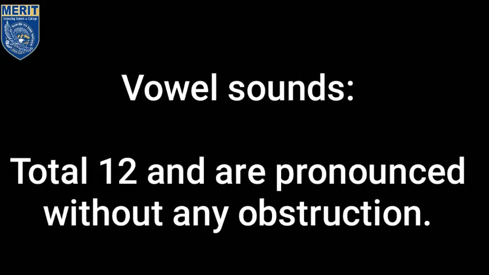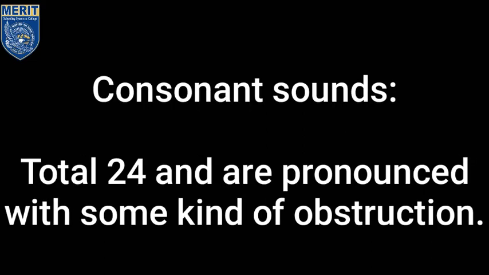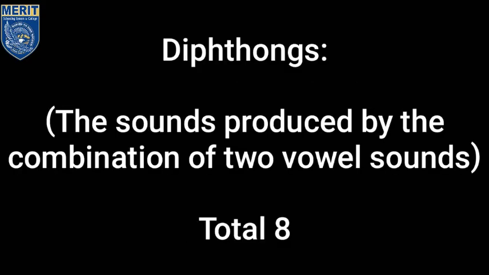First of all, we'll discuss the vowel sounds. There are 12 vowel sounds, and these are pronounced without any obstacles. Then there are 24 consonant sounds, and these are pronounced with some kind of obstruction. The third category is diphthongs. These are combinations of two vowel sounds, and there are 8 in total.